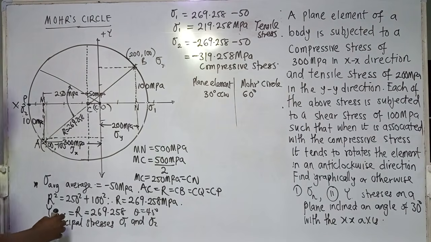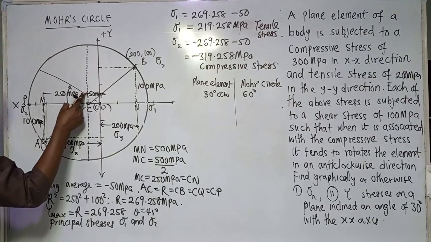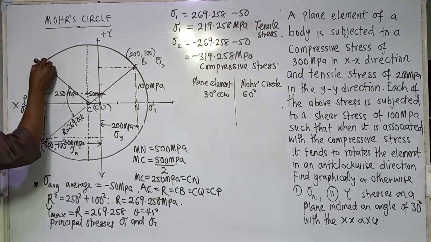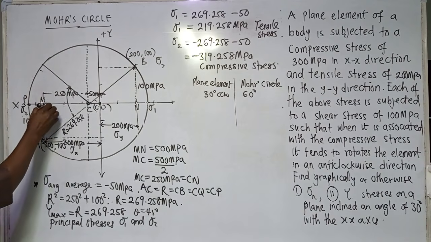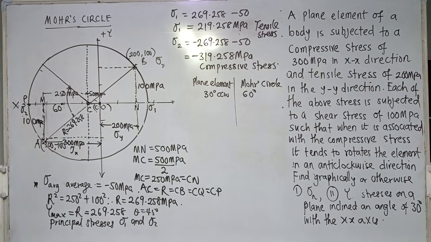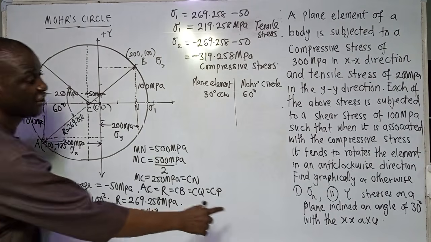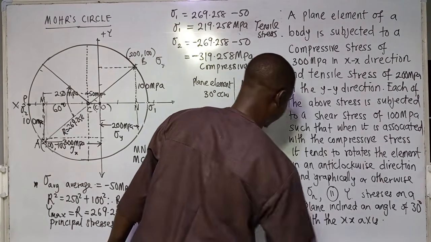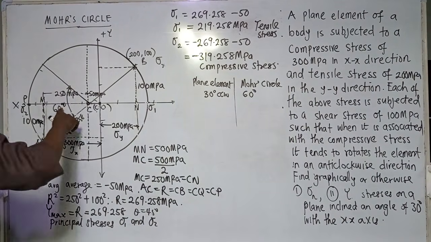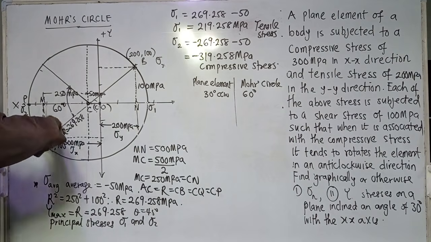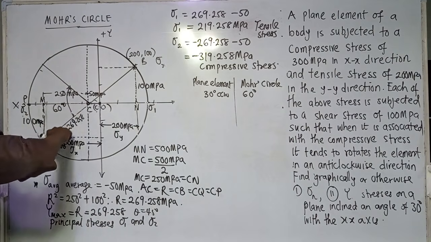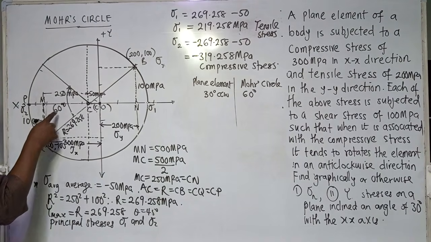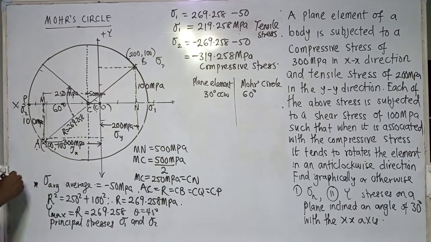See now? Sorry. The center now to the center. So this is 60 now. Since you are saying the plane is inclined at an angle of 30, the Mohr circle will incline at an angle of 60 from this particular initial position A. So if it is inclined at an angle of 60, what does that mean?